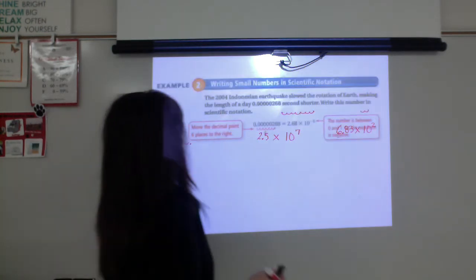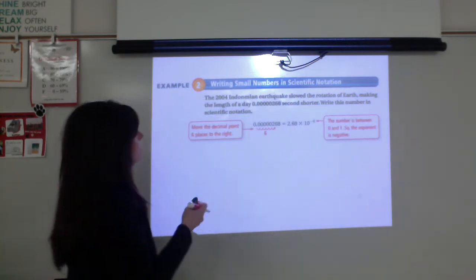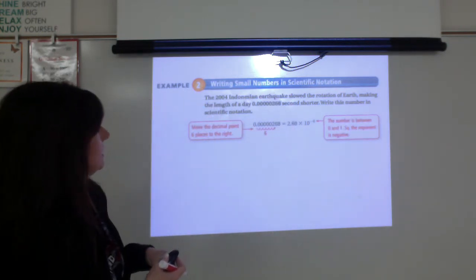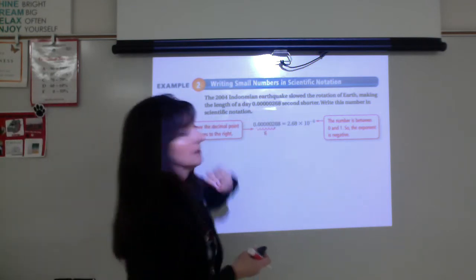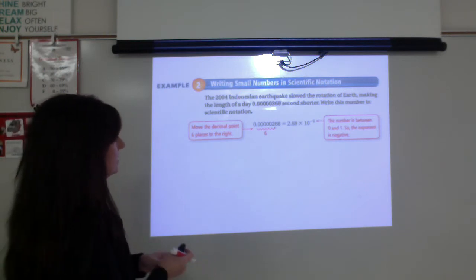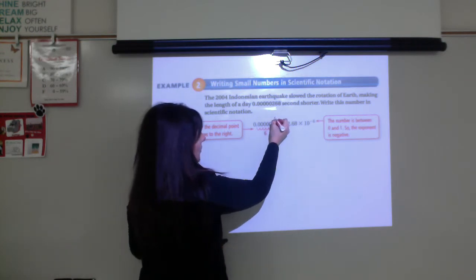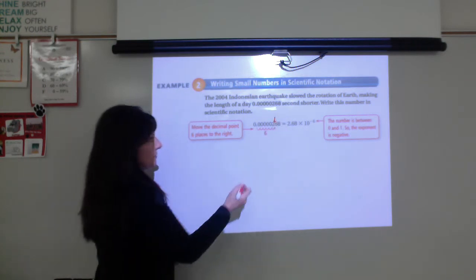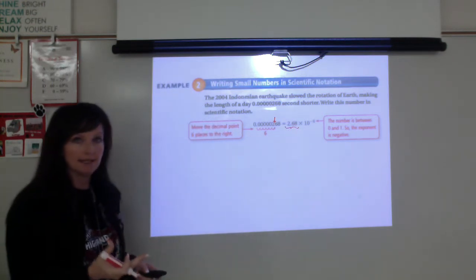Okay, so when we're writing smaller numbers, it says the 2004 Indonesian earthquake slowed the rotation of the earth, making the length of a day, and that's a very small decimal number, that many seconds shorter. Write this number in scientific notation. So the decimal point we can see, and we want to put it right here between that 2 and the 6 because we want this decimal number right here to be greater than 1 but less than 10.